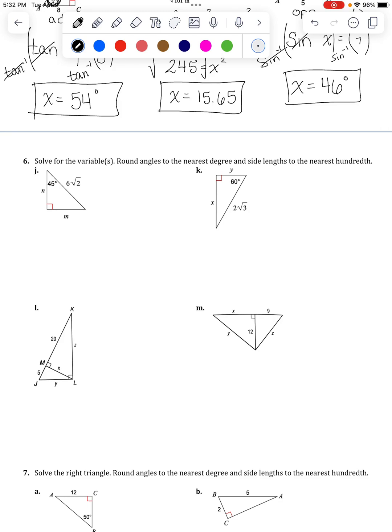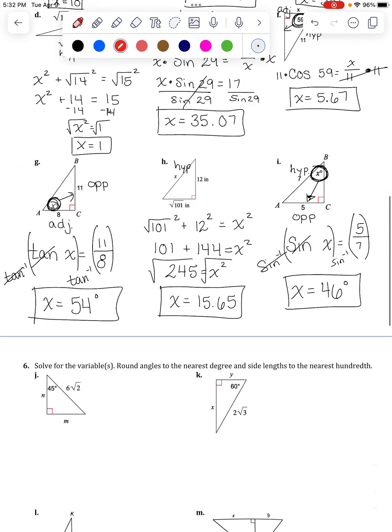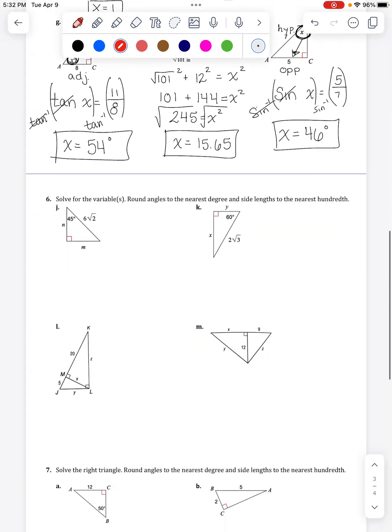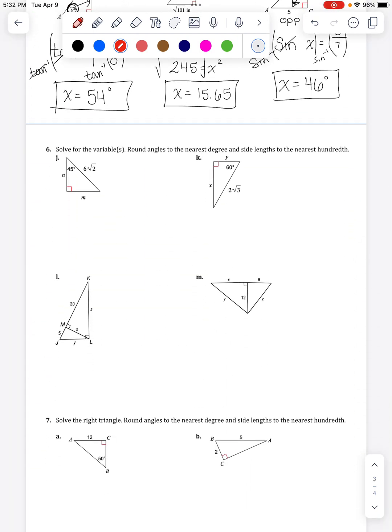Now these next two are special right triangles. I can do trig, but I've done so much trig so far on this answer key, I'm probably going to do these ones mainly focused on those special rights. On a 45, 45, 90 triangle, the legs are k, the hypotenuse is k times the square root of 2.